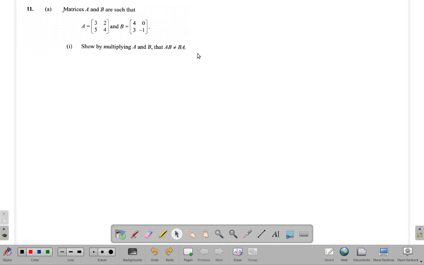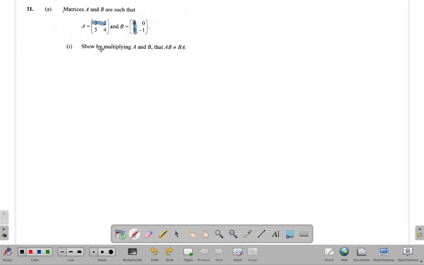First of all, you remember that when you multiply matrices, it's going to be row by column.